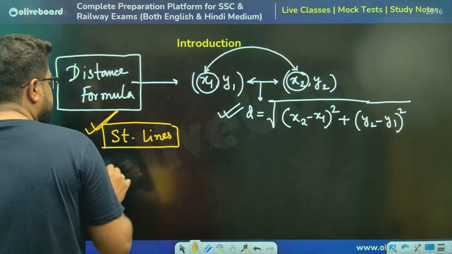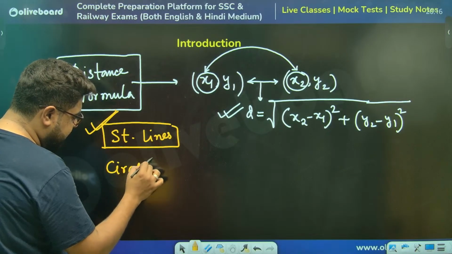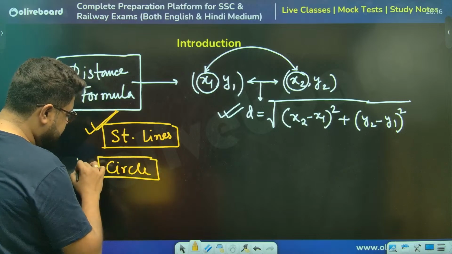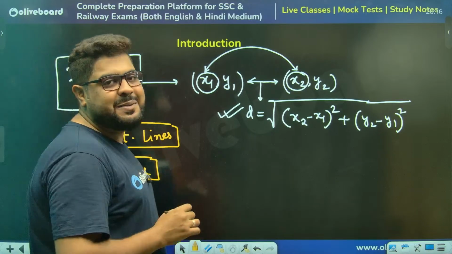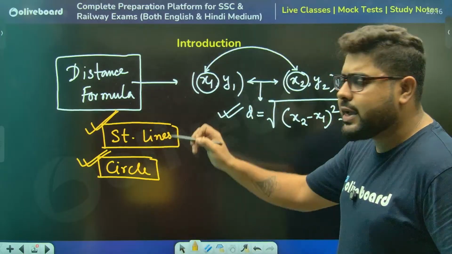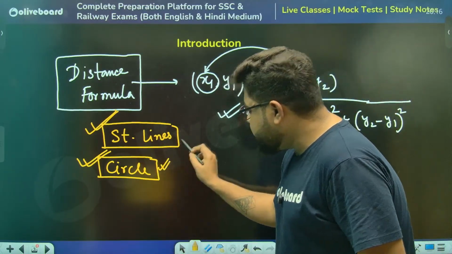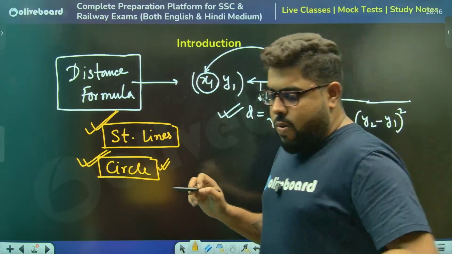And also the thing that has suddenly become very important, that is the circle. This has suddenly picked up pace and become of great importance. It's a little advanced topic, so we will look at this as well.